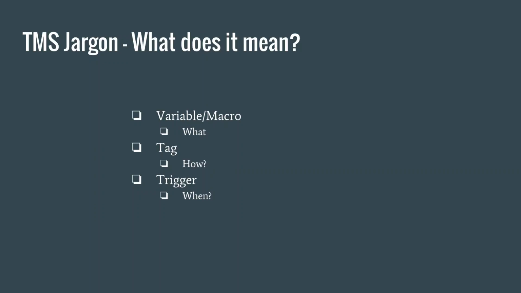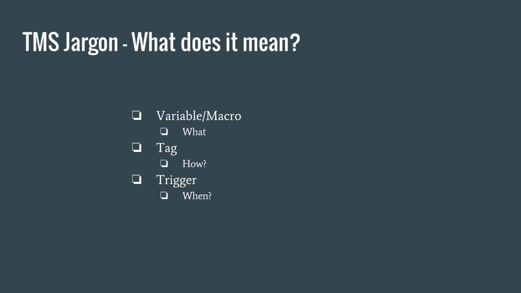When I think of a variable or macro, it's essentially either a value that's dynamically read off of the page or a static value that would be set in the TMS. This is the data. When we think about what we're doing with a TMS, ultimately you can see I have this what, how, and when tagged down. Just for an example, we'll talk about a Facebook pixel.